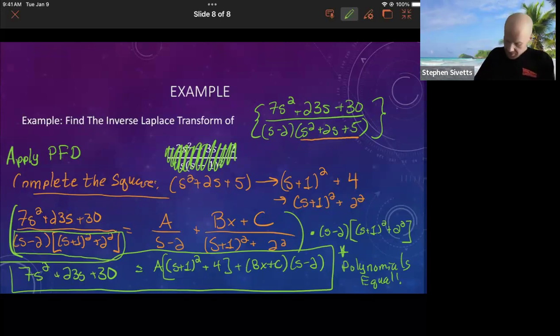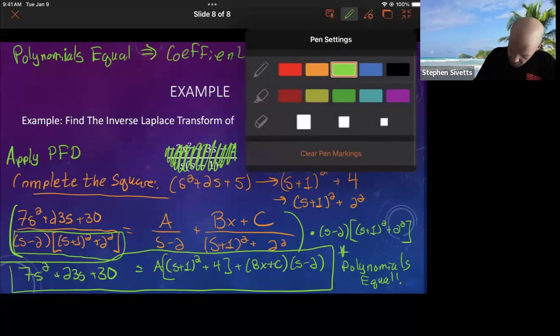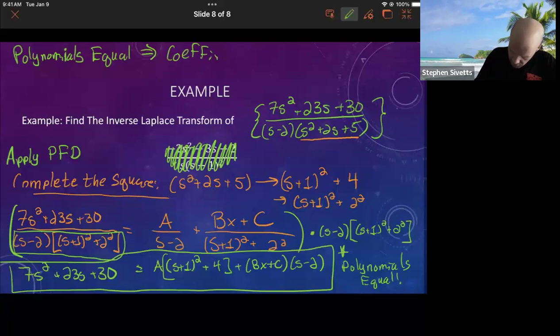So what that means is, since the polynomials are equal, that implies that the coefficients of the respective polynomials are equal.